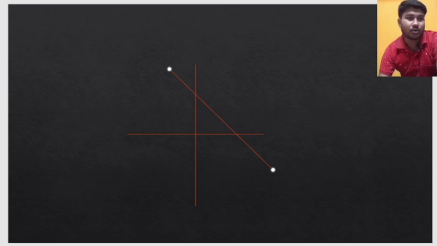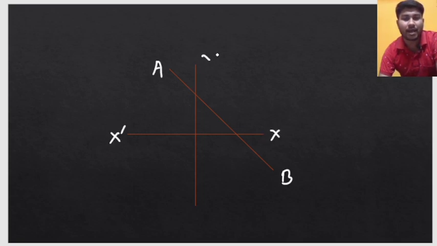Let us give it a name. Suppose the straight line is AB. This is your x axis, and this is your y axis. Where x and y meet, that is the origin.